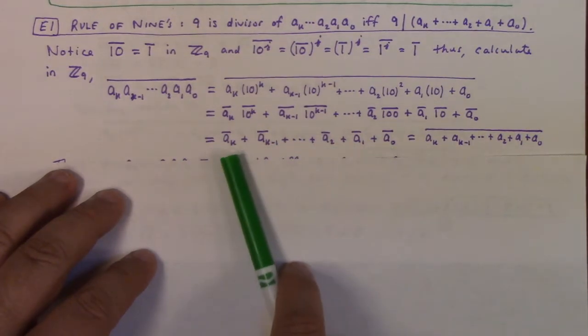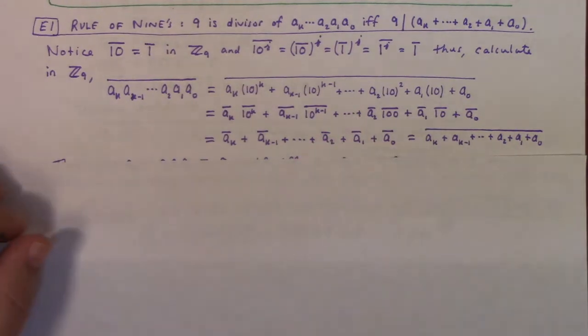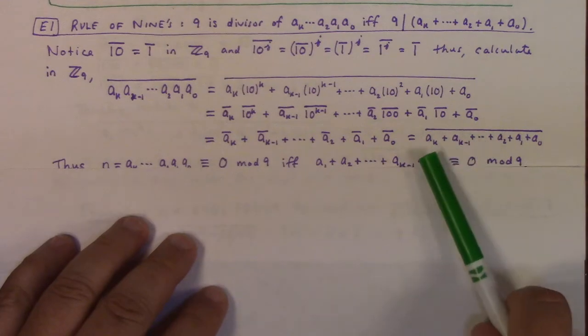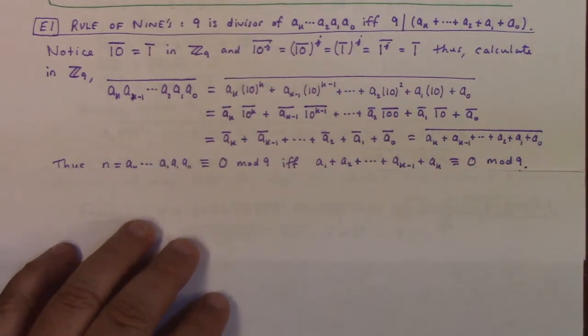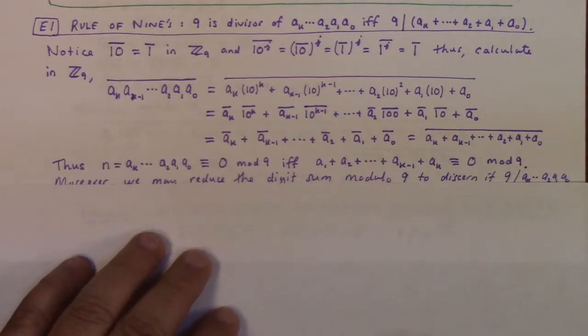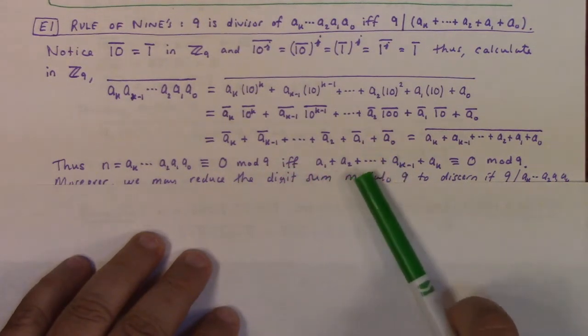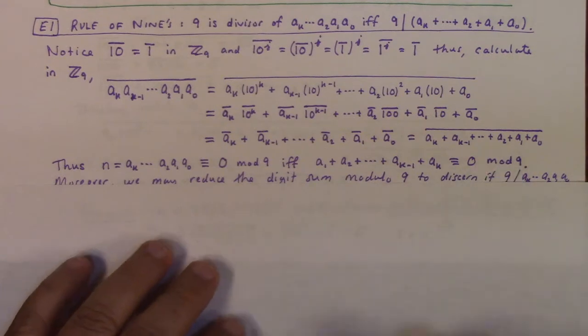You get the equivalence classes of the digits taken separately, added in Z_9. But then you can bring them all together. And so what we see is that n is congruent to 0 mod 9 if and only if the sum of the digits is congruent to 0 mod 9.